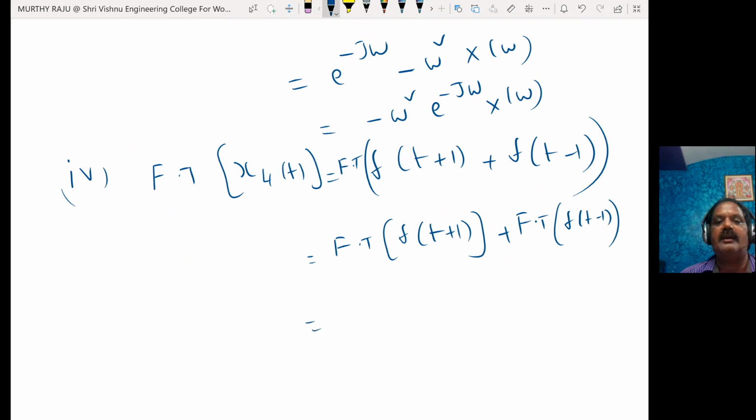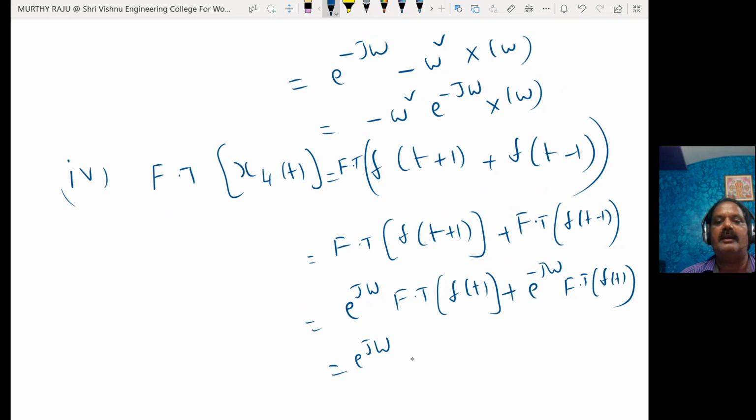According to the shifting property, shifted by 1 unit, plus 1, e power j omega t naught, where t naught is 1. Therefore, the Fourier transform of delta of t plus 1 is e power j omega, as the Fourier transform of delta of t is 1. Shifted by minus 1, e power minus j omega, the Fourier transform of the impulse function being 1.